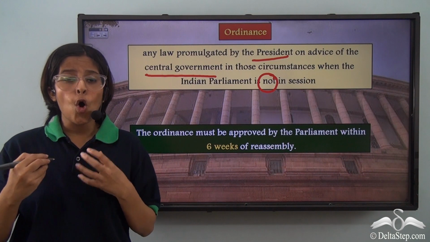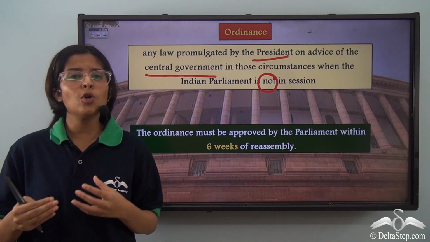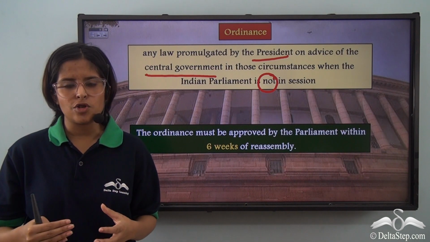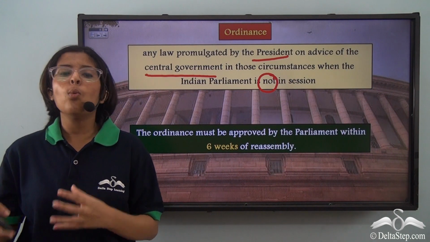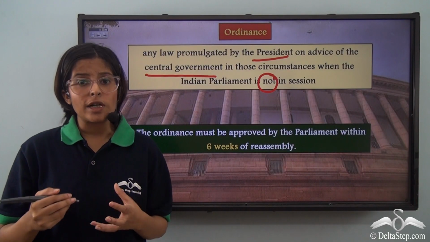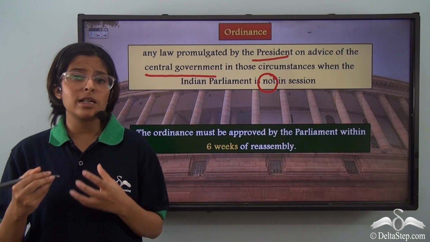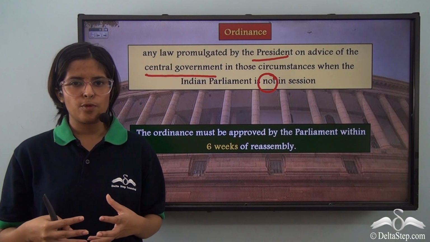Simply put, an ordinance is a law passed by the government without obtaining the blessings of the legislature. It gives the president an extra power when the parliament is not in session. With the passing of an ordinance, urgent legislative action can be taken when the parliament is not in session.